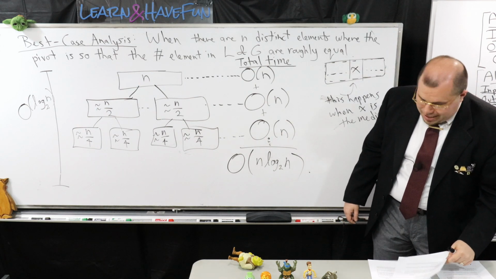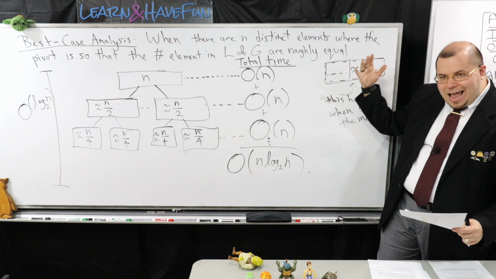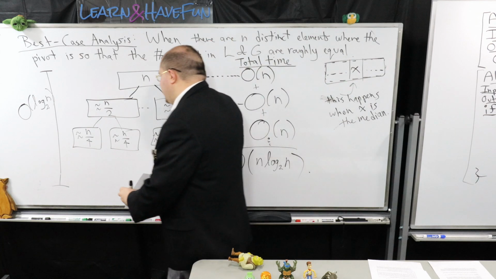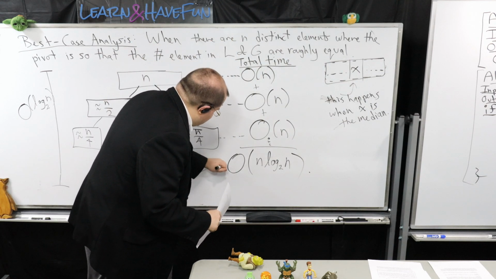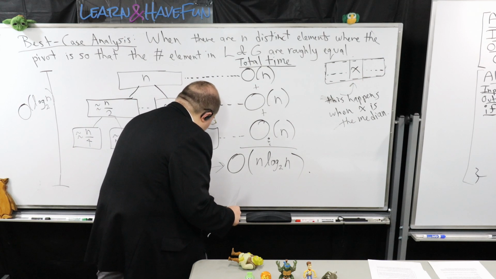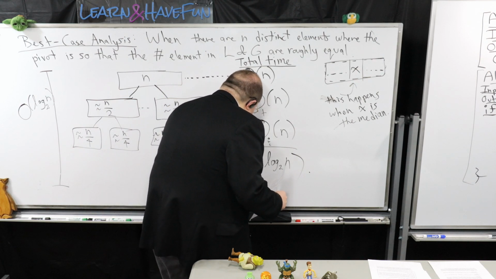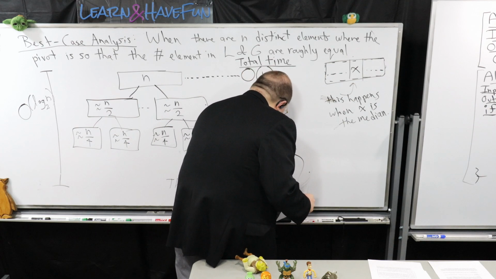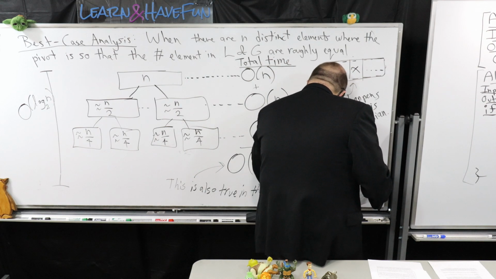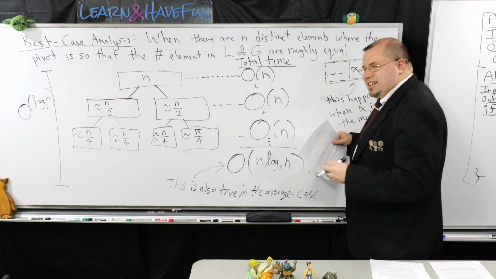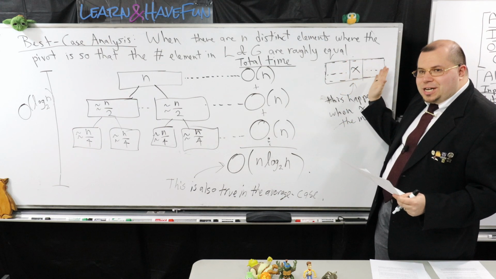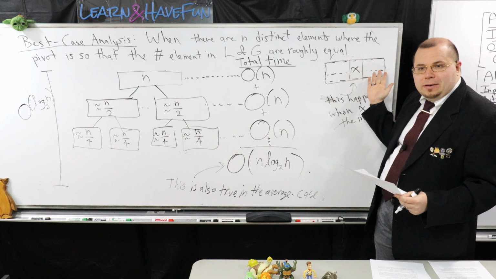The next thing I want to point out is that in the average case, you also get big O of n log n. So this is also true in the average case. For those that are interested in statistics, what you just expect to happen, statistically speaking, is that it will average out where the pivot would be somewhere in the middle.